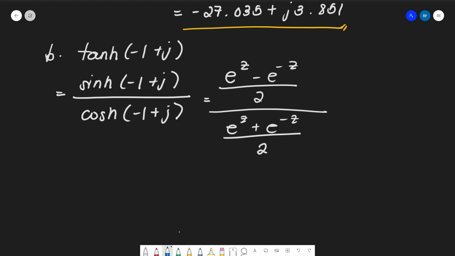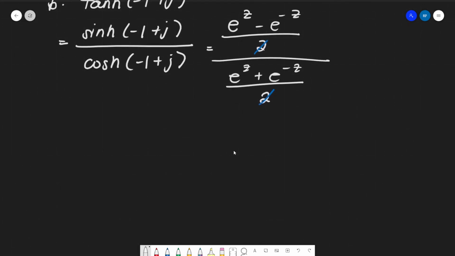Makakancel yung dalawang 2, and may iwan na lang is e raised to z minus e raised to negative z over e raised to z plus e raised to negative z.